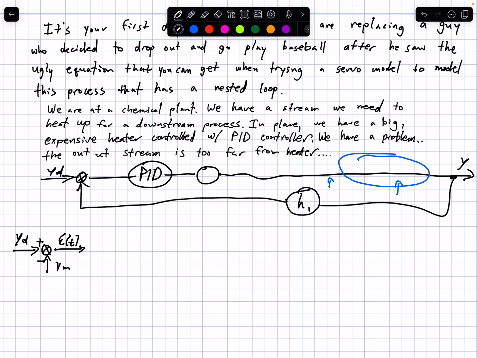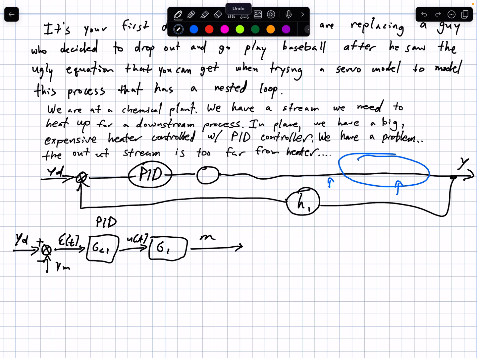See if we need to turn on this controller, which is going to be a PID controller. Okay, and then that's going to give off a puff of air to the first process, which we're leaving as is, and that's a big, expensive heater.